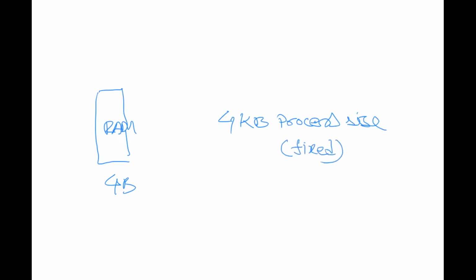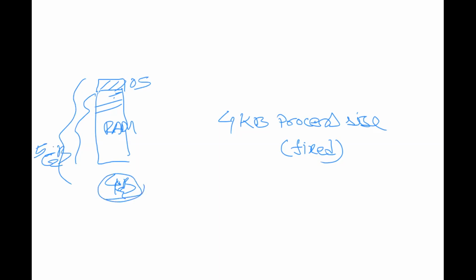Just for calculation purposes, we make an assumption that we have a 4 KB process and 4 GB RAM. Let's say the total is 5 GB, where 1 GB is for the OS space, and 4 GB is available for user space.